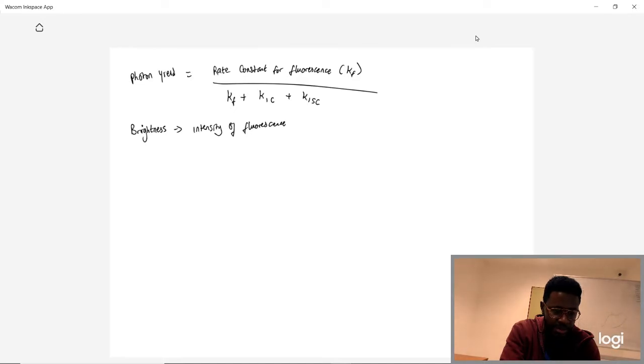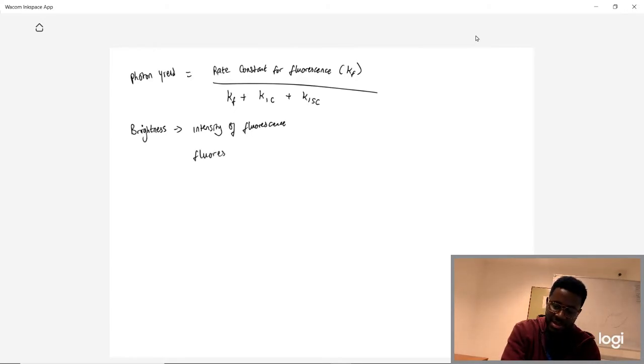Okay, fluorescence lifetime. Half-life is different from lifetime.